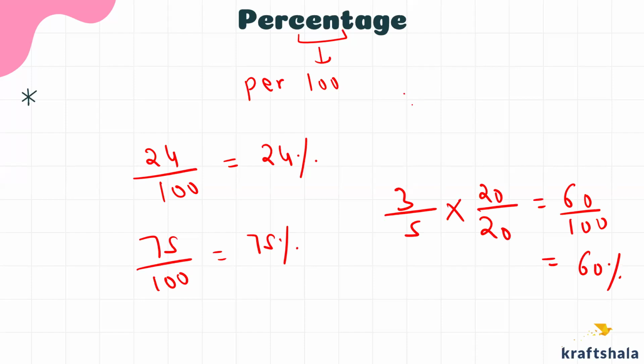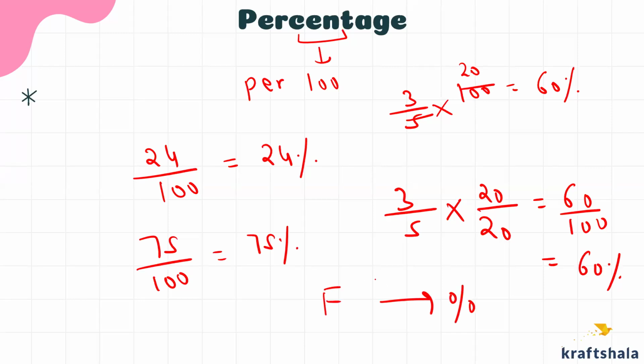या मैं इसको directly भी I can find 3 upon 5 into 100. This directly gives me 60%. So anything on the base of 100 becomes a percentage. ठीक है? From this, I also can observe one thing. Fraction को percentage में, if I want to convert, I will simply multiply by 100. Percentage back to fraction, I'll divide by 100.